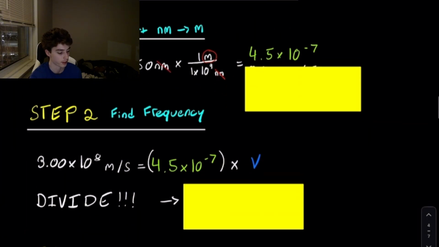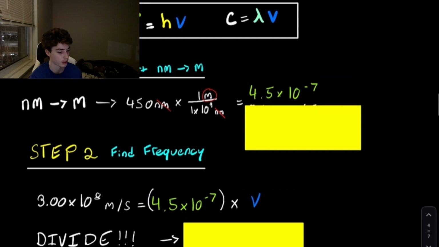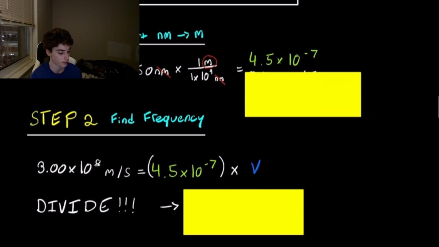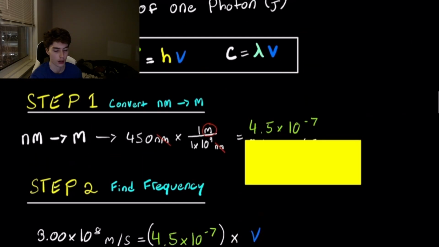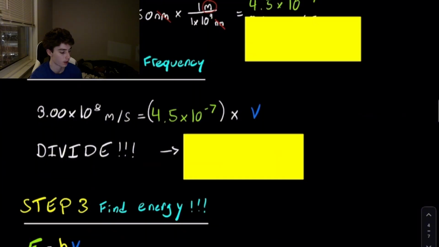Now we have to find the frequency. We have the wavelength right here, so now we're just going to solve for the frequency. This is our constant, the speed of light.